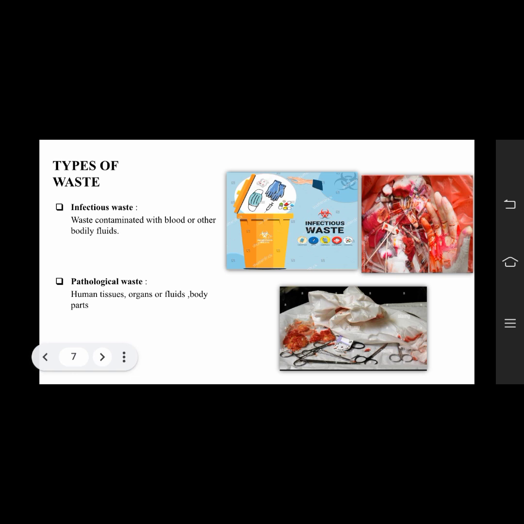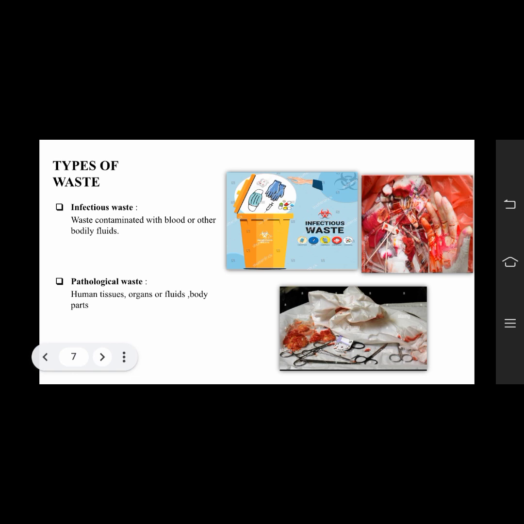We have infectious waste, which is waste contaminated with blood or other body fluids. Then we also have pathological waste, which means human tissues or organs. The leftover parts when surgery is done, all the organs that have been removed, all those body parts, they come under pathological waste.